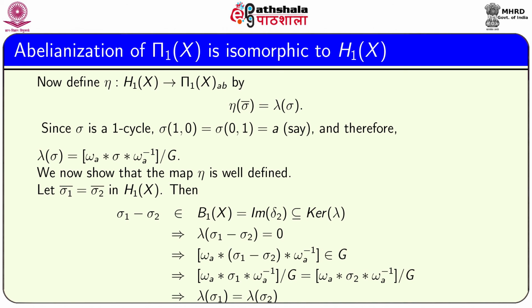So, the class WA * (σ1 minus σ2) * WA inverse should be inside the commutator subgroup G of П₁(X), and that means the class [WA * σ1 * WA inverse]G is equal to the class [WA * σ2 * WA inverse]G.